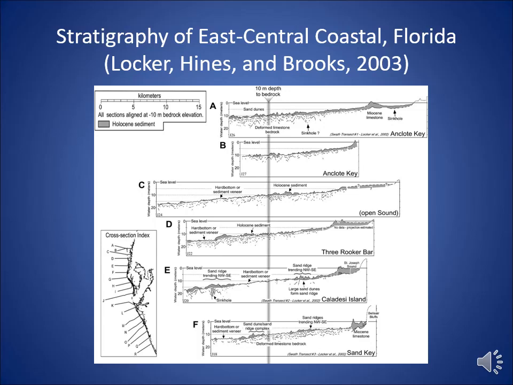And so as we look at it, Three Rooker Bar is immediately north of Honeymoon Island, and Caladesi Island is immediately south. And you can see how the barriers seem to correlate with high points in the limestone.